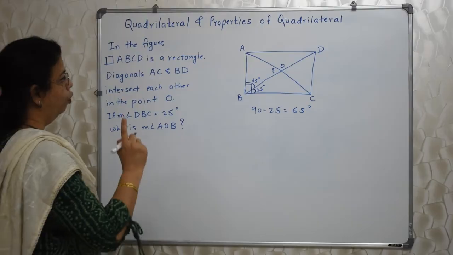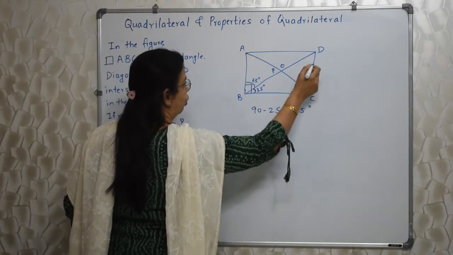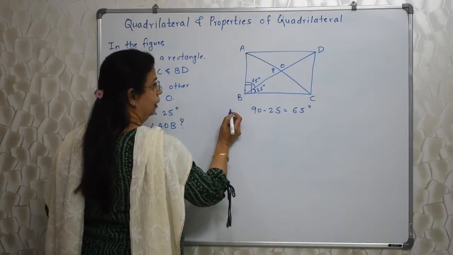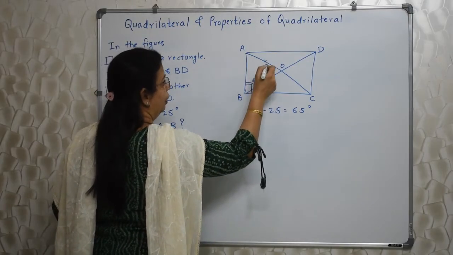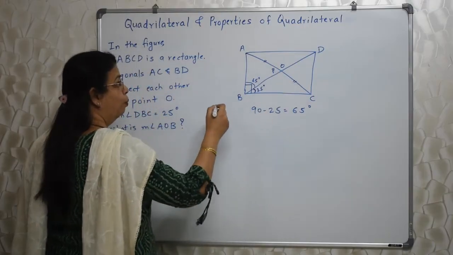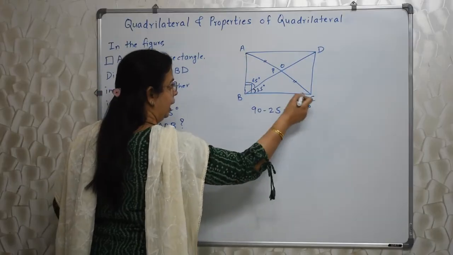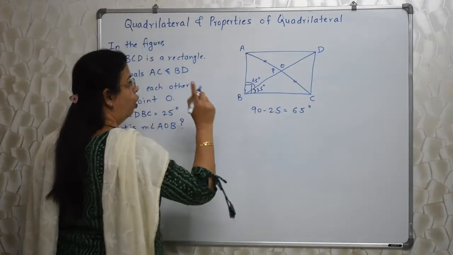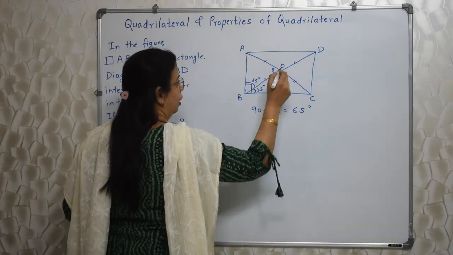Now one more property of a rectangle: the diagonals of any rectangle bisect each other, means they divide equally, and both of them are of the same length, means AC and BD will be congruent, right? So what does it mean?